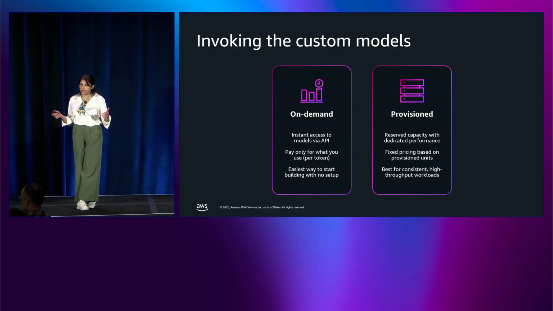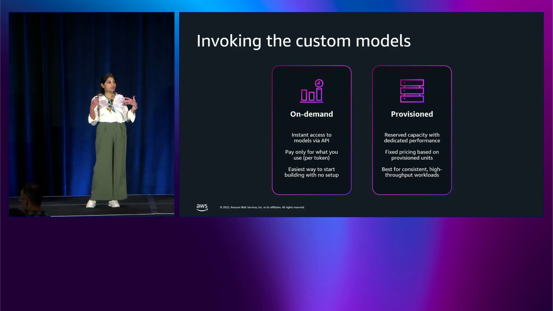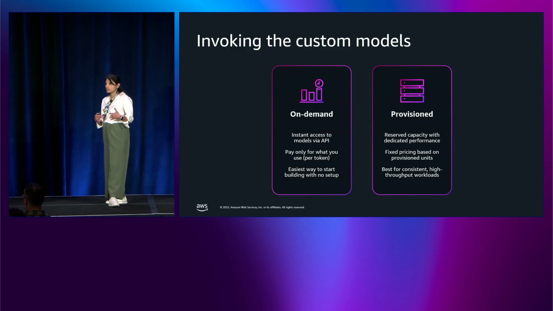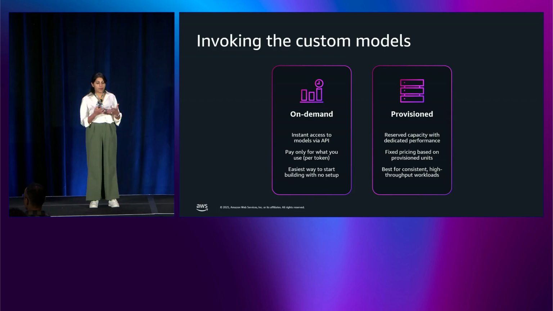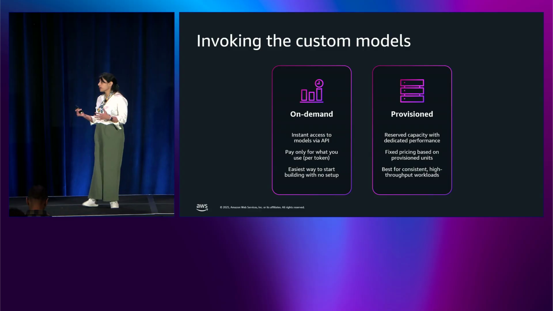And once you customize, you want to do inference with those models. You can bring those customized models to Bedrock to do inference. And Bedrock offers you 2 different ways again. You can either do on-demand inference, or you can provision the capacity for doing inference.